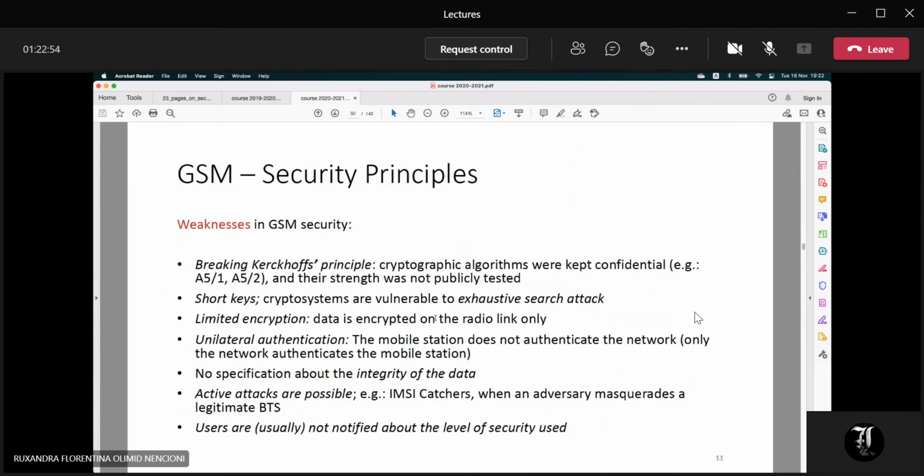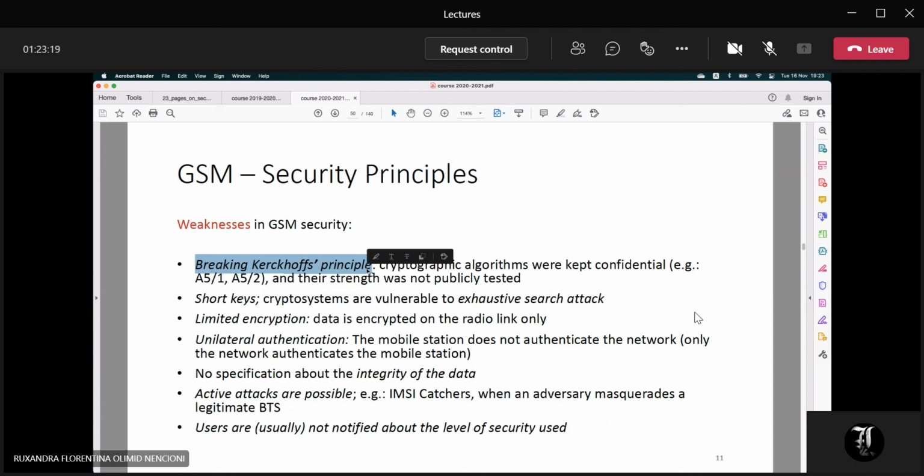We already talked about some vulnerabilities in GSM. One is breaking the Kerckhoffs principle, and I think I've told you that before. A5/1 and A5/2 are algorithms for encryption. They were not made public at the beginning. A few months after they were available on the internet, they were broken.